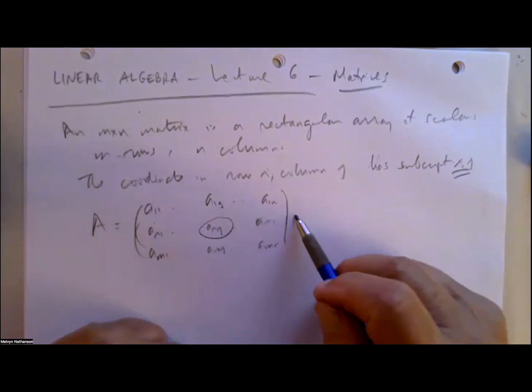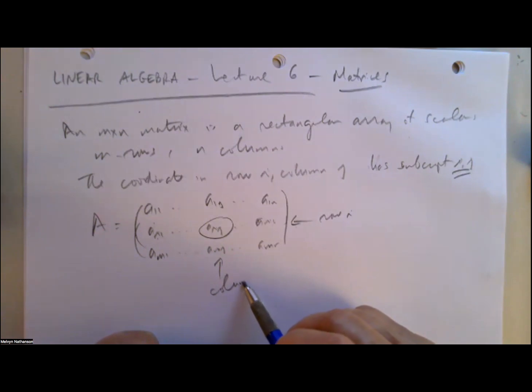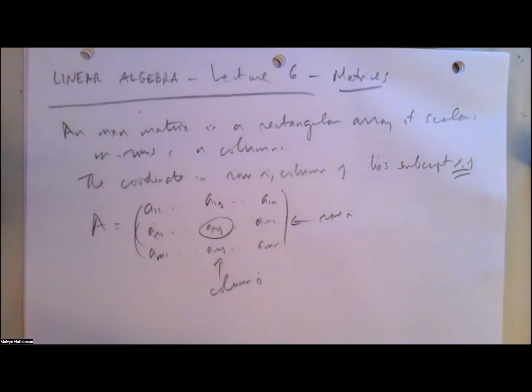This is row I. This is column J. So if your matrix were 1, 2, 3, 4, 5, 6, and Aij is the coordinate in the ith row, jth column, using our standard notation, for example, A23 would be the coordinate in the second row, third column, which is 6.